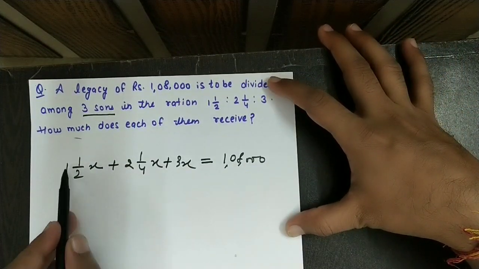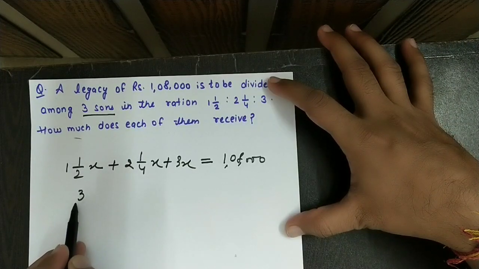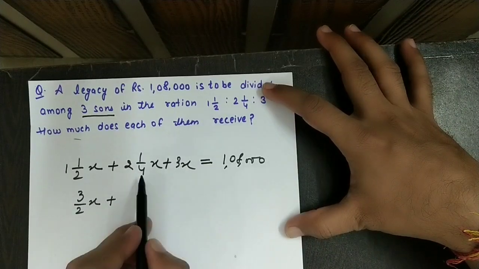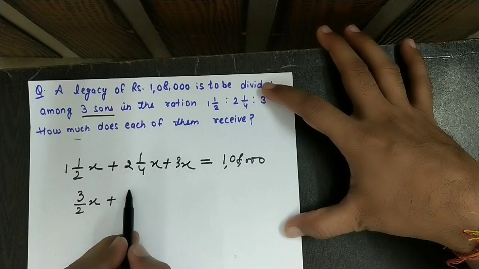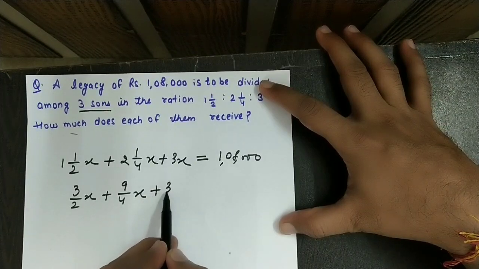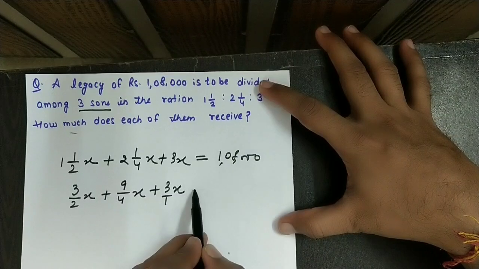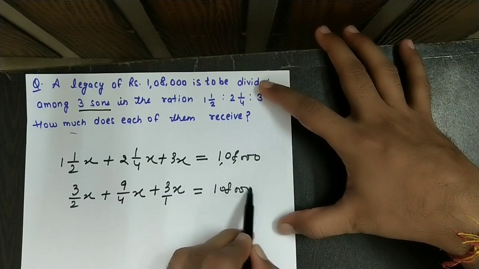Now, how will we solve this fraction? 2 ones are 2 plus 1, 3. So this is 3/2 x. 4 twos are 8 plus 1, 9. 9 by 4 x plus 3x, or we can say 3 by 1 x, equal to 1,08,000.